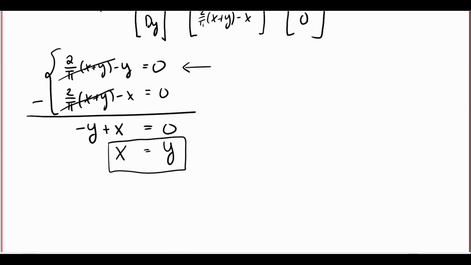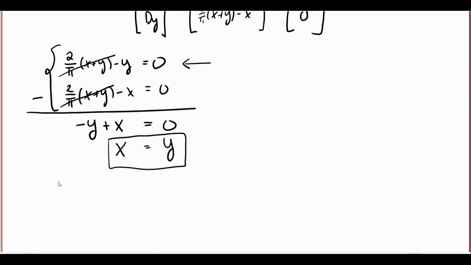And then we have 2 divided by pi times x. We say that x is y now, plus y minus y equals 0. So we have 2 divided by pi times 2y minus y equals 0.